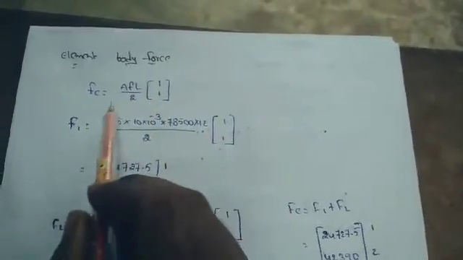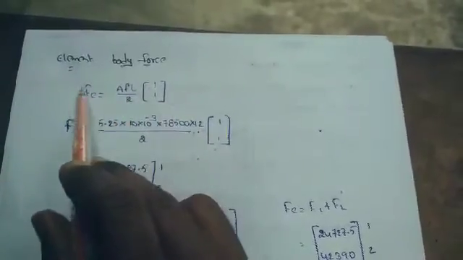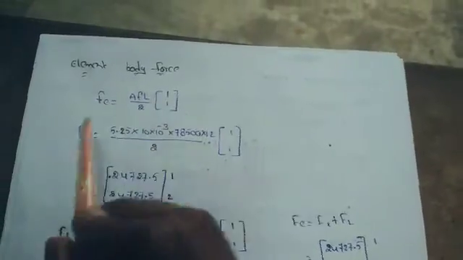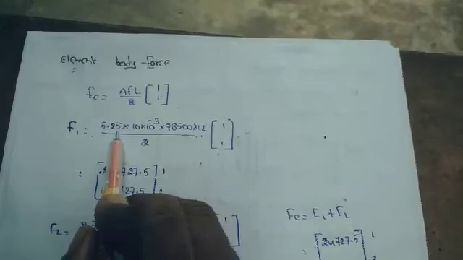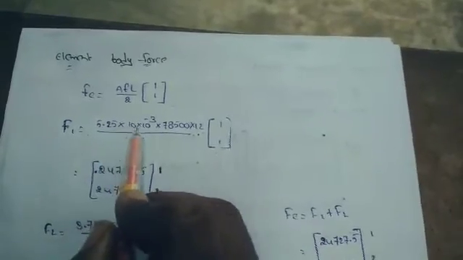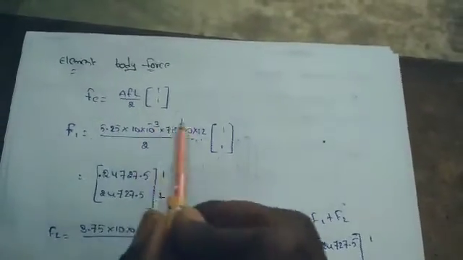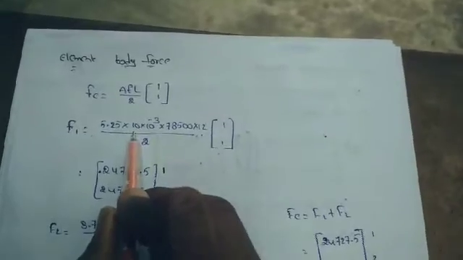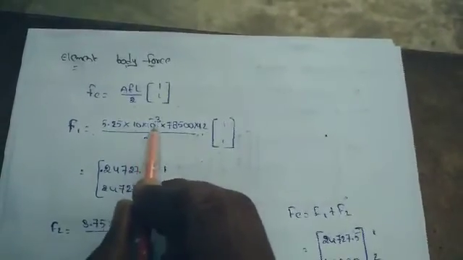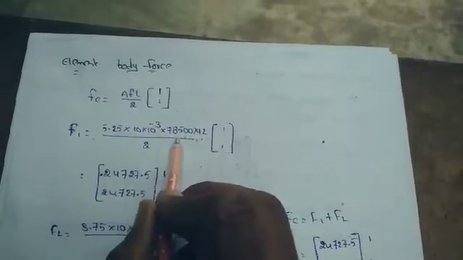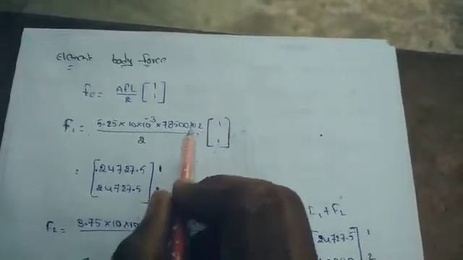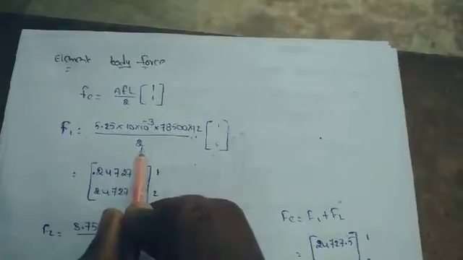This is the element body force formula. Here for F1, A is the area of element 1, and area means width into thickness, 5.25 and the thickness is 10 mm. You have to convert it into meters by multiplying with 10 power minus 3. Rho means the density value 78,500. Then L is 12 meter, by 2, 1 1.